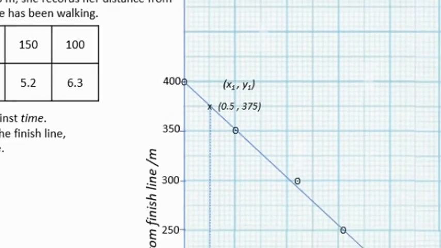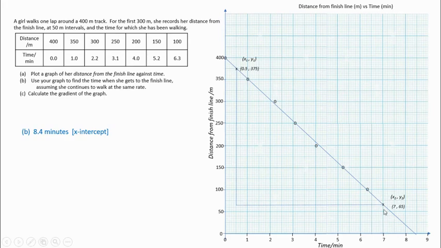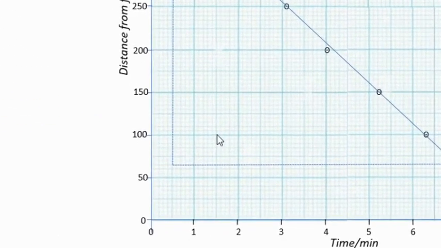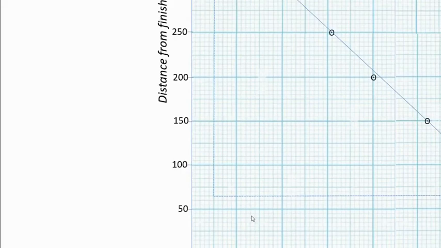Next point, x coordinate is 7 and the y coordinate is, again, remember each division represents 5, so this is 55, 60, 65. 65 for the y coordinate.